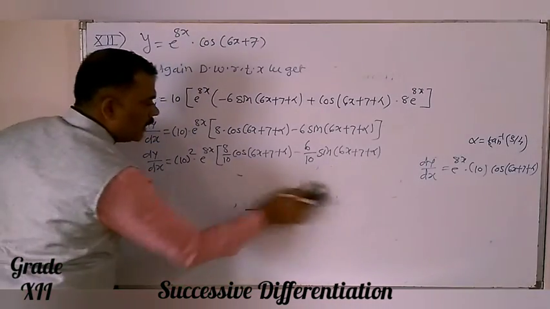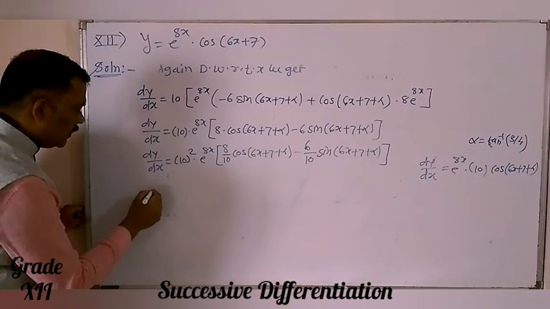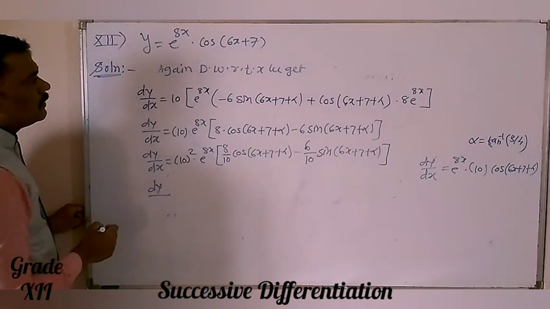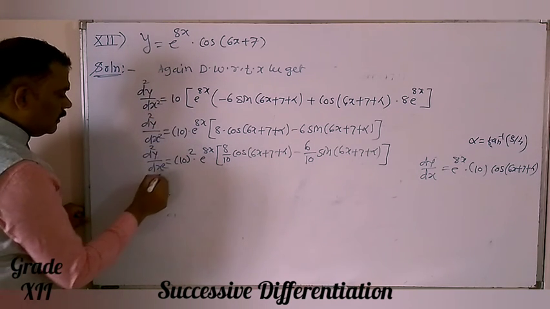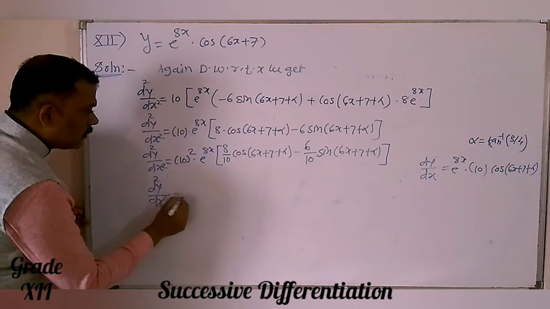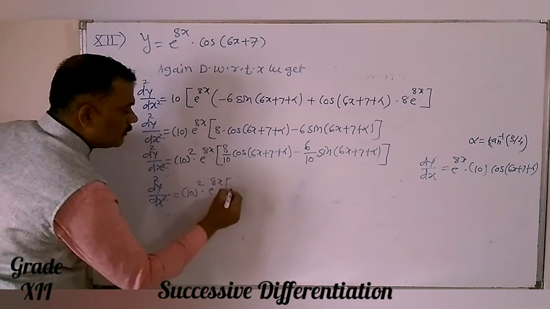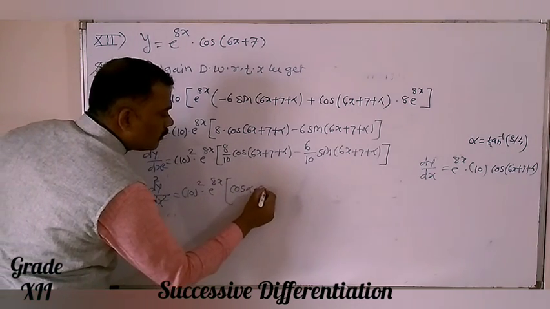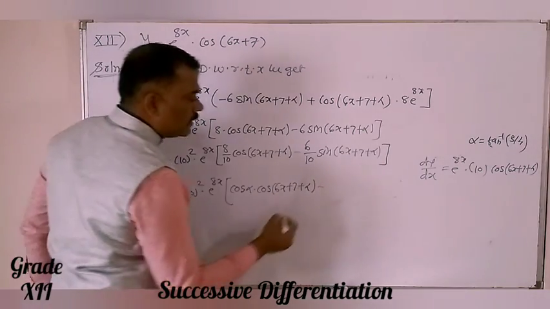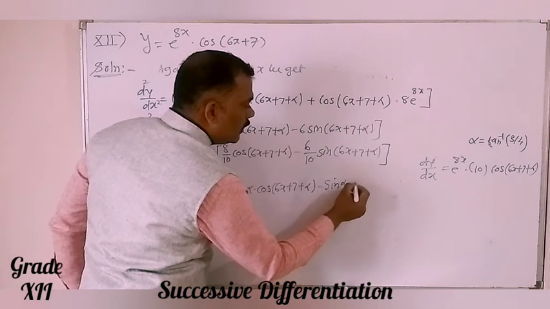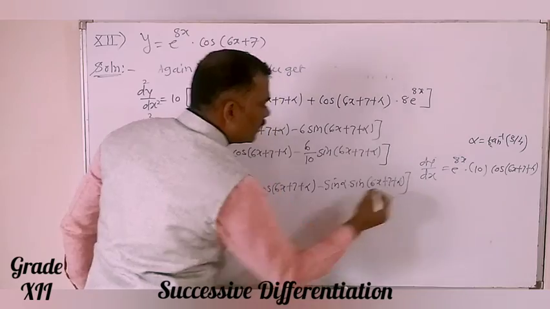So what we have to get, see here, d2y by dx square is equal to 10 square into e raised to 8x. This is nothing but cos alpha into cos of 6x plus 7 plus alpha minus sine alpha into sine of 6x plus 7 plus alpha.